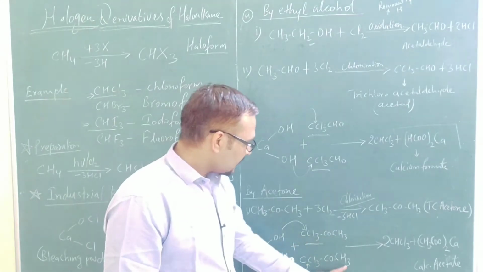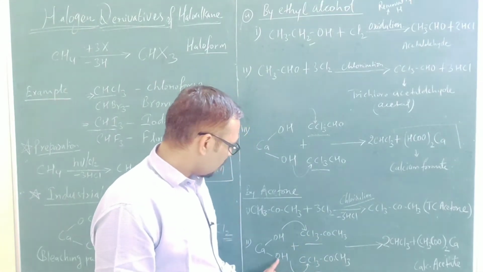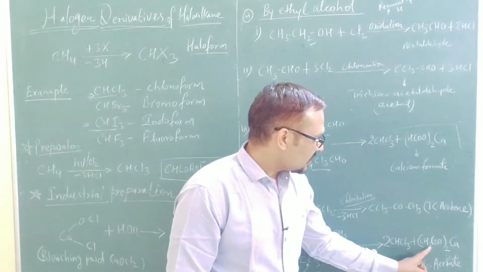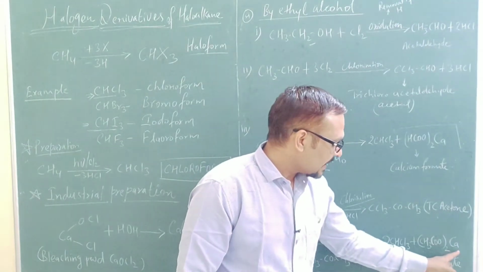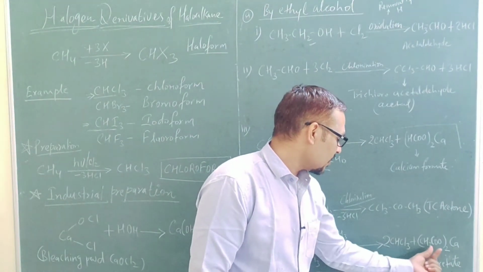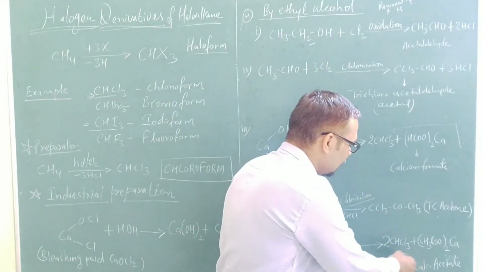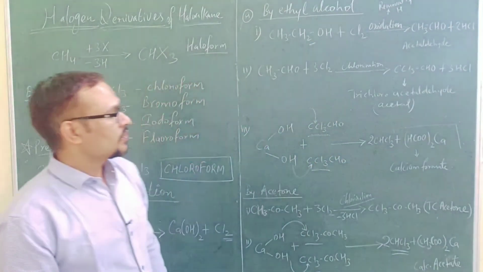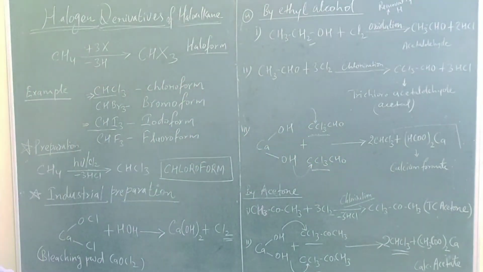(CH3COO)2Ca. Calcium acetate will also be produced along with the chloroform. So this is how chloroform is prepared in industry. I hope it is clear.